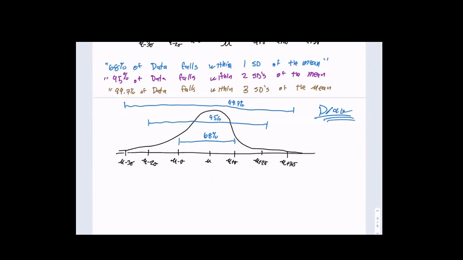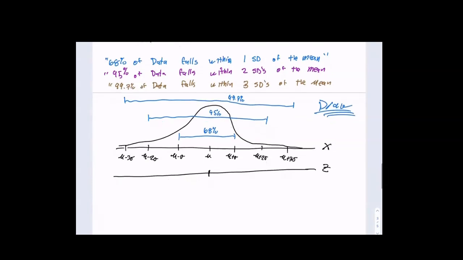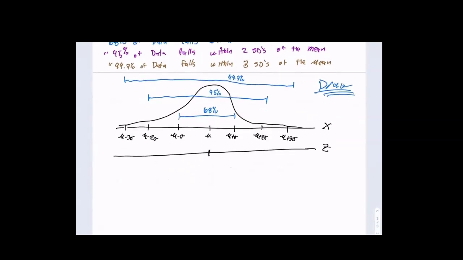Now, we can add an extra number line here, where this number line will represent the actual values, x. The other one will represent the z-scores. Okay, so what is the z-score for the mean? If you are the mean, what is your z-score? Based on what we learned in the class before: 0. Good.